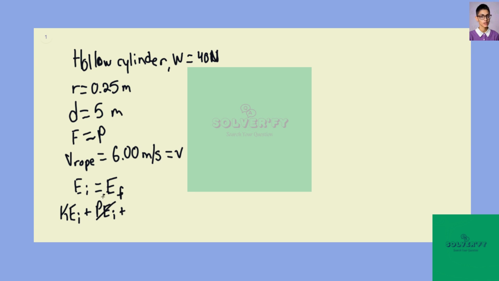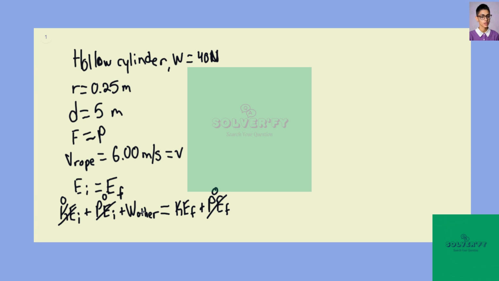So these would be 0. And then we would have work due to other forces, work due to force P, essentially. And then this would equal kinetic energy final plus potential energy final. The potential energy final is 0 as well, because in the end, the only energy that we have after the rope has been pulled is kinetic energy.